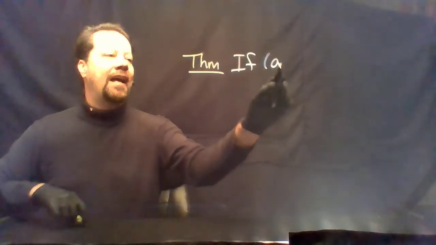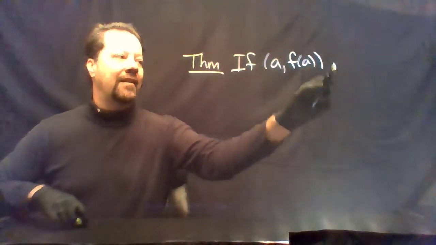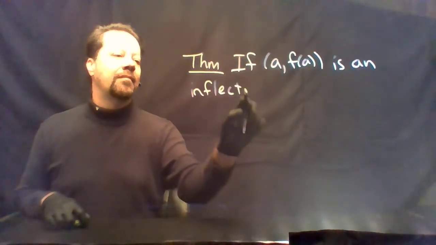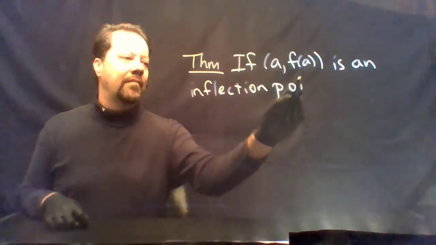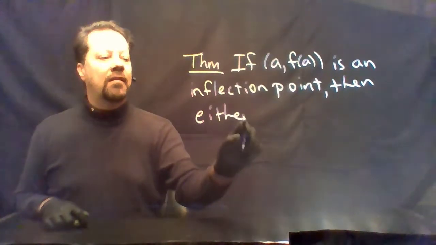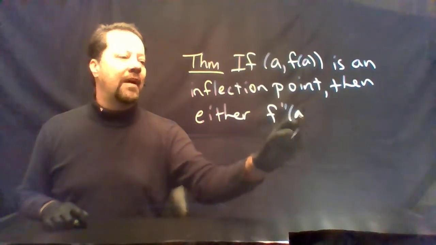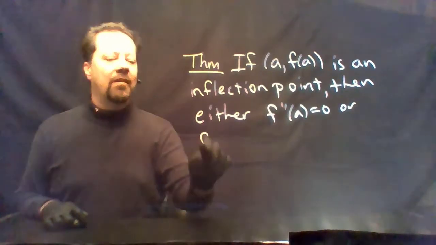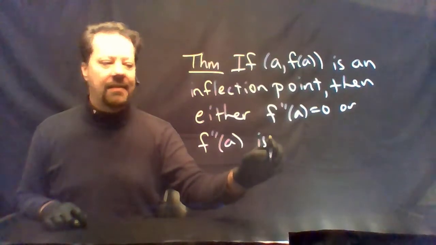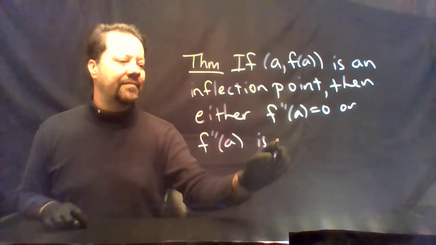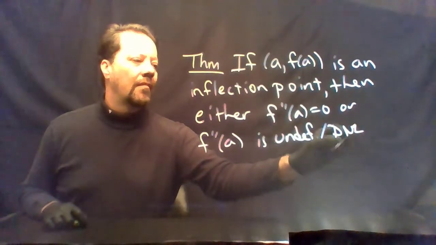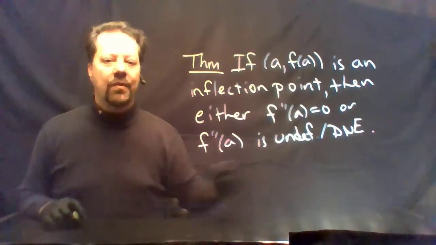So if f of a is an inflection point, then either f double prime at a is 0, or f double prime at a does not exist as a limit. DNE stands for does not exist.